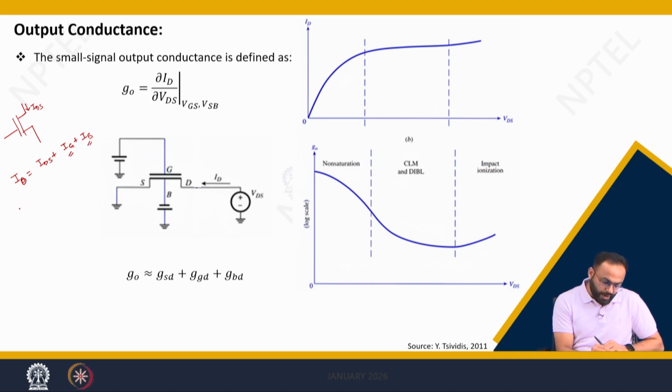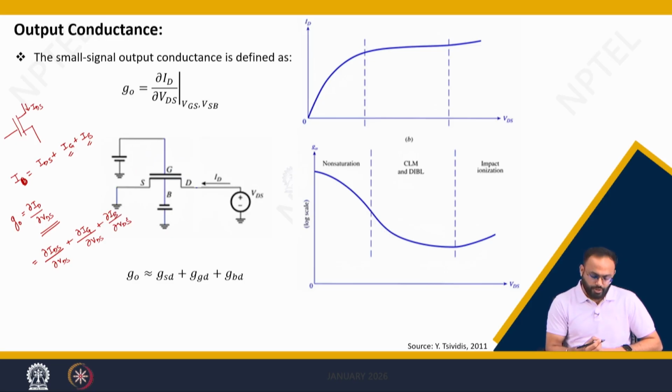So, if I want to find the overall conductance, that is G out equal to delta ID divided by delta VDS, then I can define it as delta IDS divided by delta VDS plus delta IG divided by delta VDS plus delta IB divided by delta VDS.